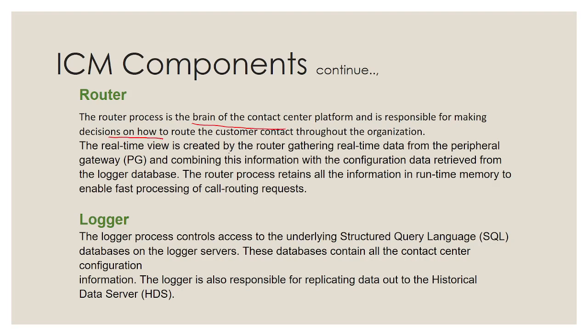The real-time view is created by the router gathering real-time data from the peripheral gateway, that is the PG, and combining this information with the configuration data retrieved from the logger database. So the router on one hand has the real-time view of the contact center. On the other hand, it has the configuration power that it gets from the logger database, and it makes the decision.